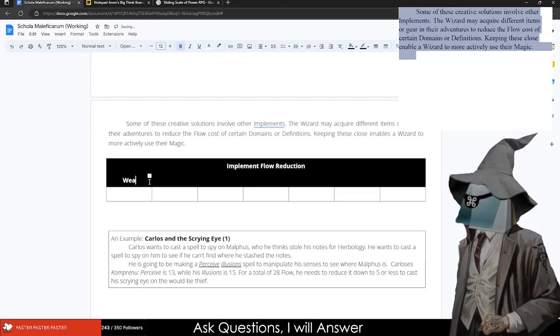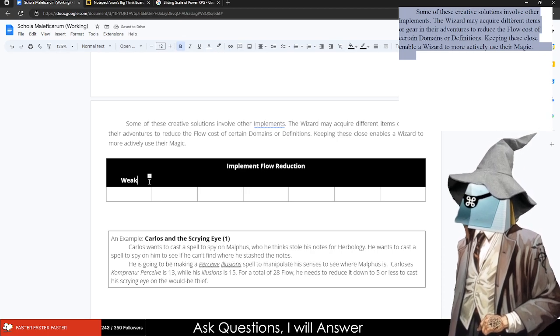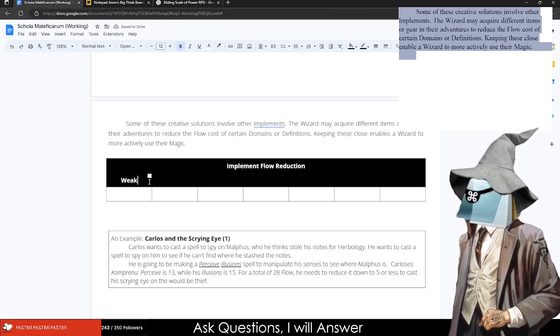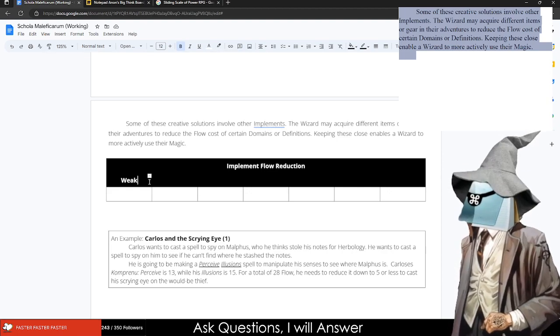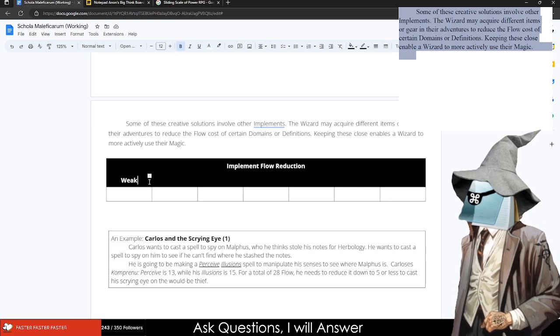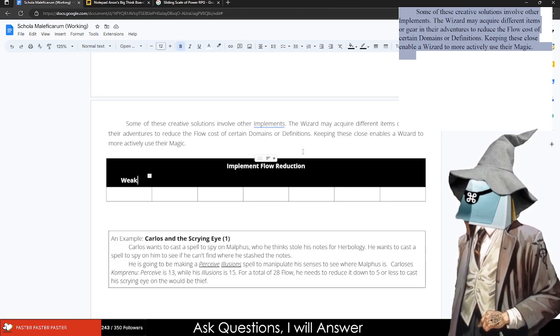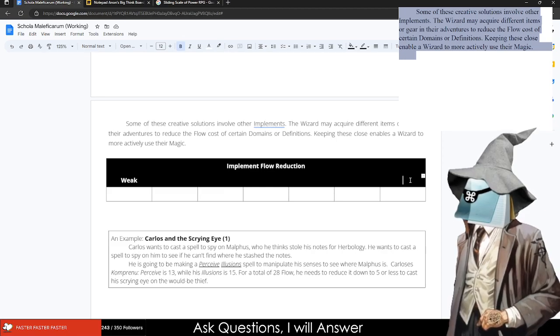The idea of a weak implement is you have a match when you're trying to use fire. If you light a match and you're trying to use a fire spell, you're going to have a better time than if there's a raging inferno in front of you.